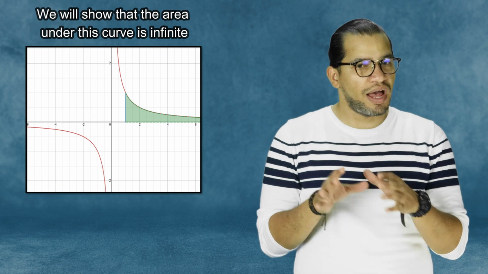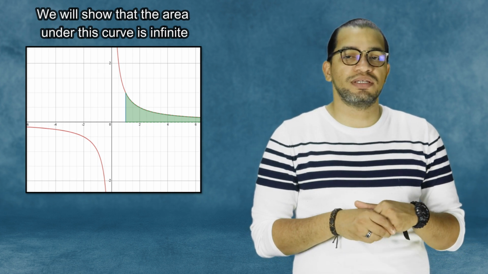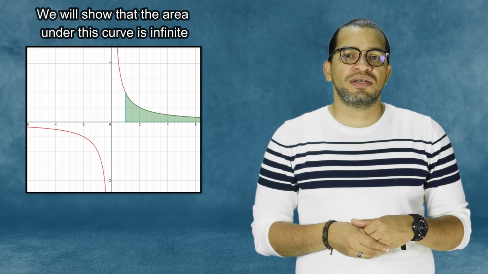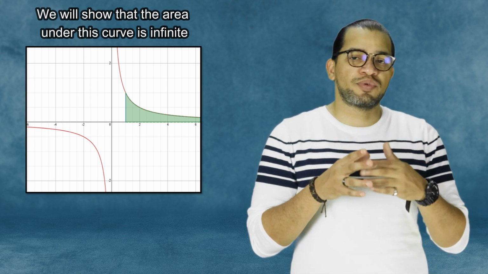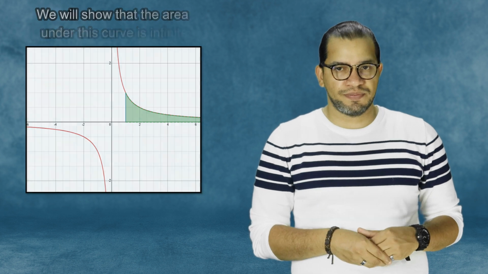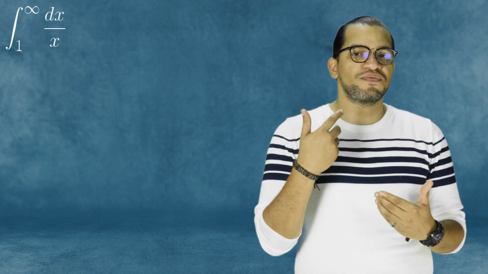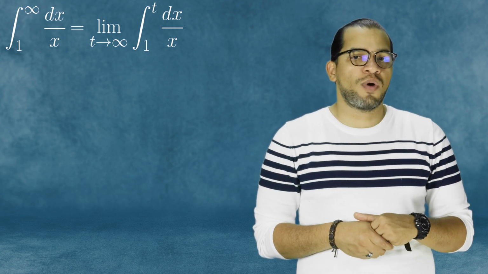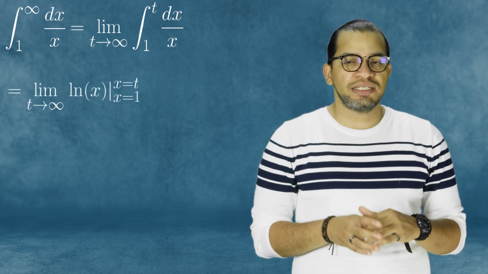Now, not all improper integrals have a finite value when we deal with the limit. If the limit does not exist, then we say that the improper integral diverges. For example, if we take the integral from 1 to infinity of the function 1 over x dx, then we know that the integral of 1 over x dx is equal to ln of x.